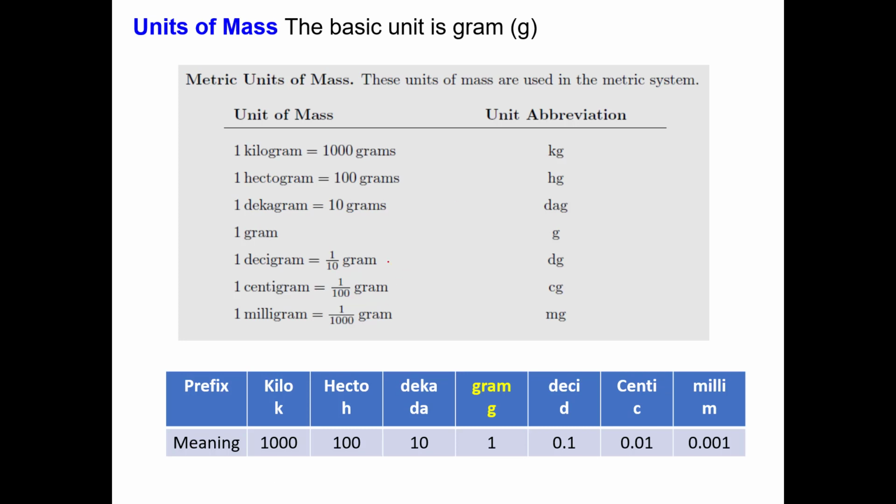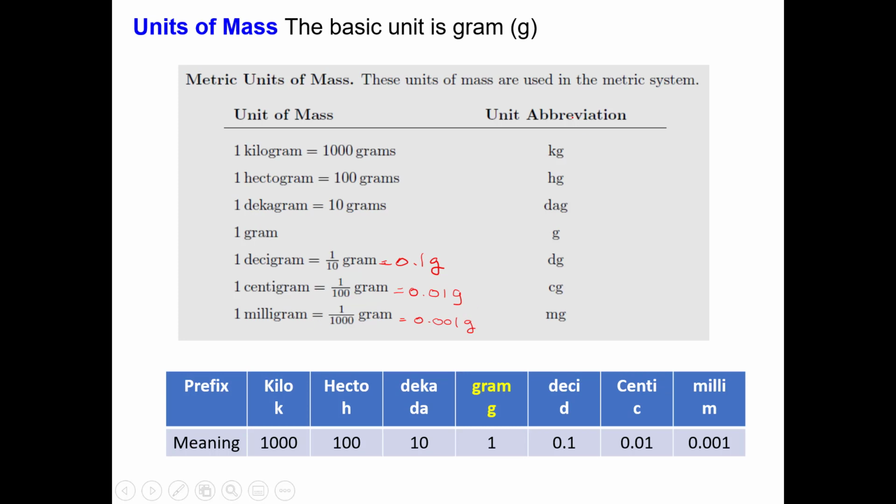I will just write g for gram. We can abbreviate gram. Here is 0.01 gram, and this one is 0.001 gram. Then 1 decigram is 0.1 gram, 1 centigram is 0.01 gram, 1 milligram is 0.001 gram.